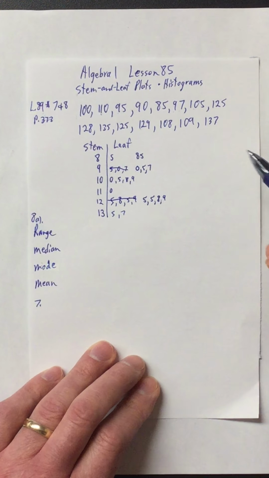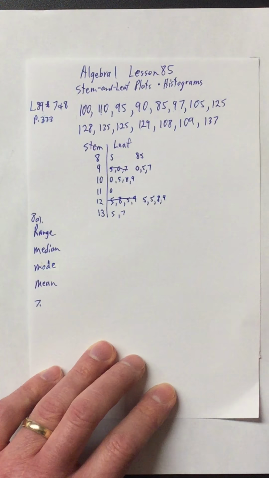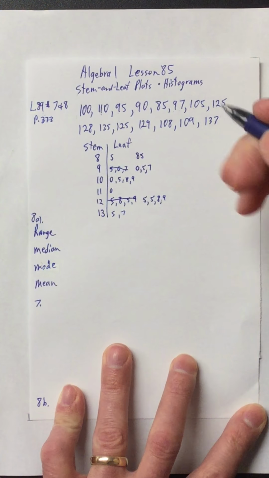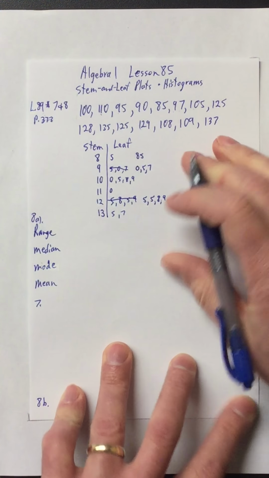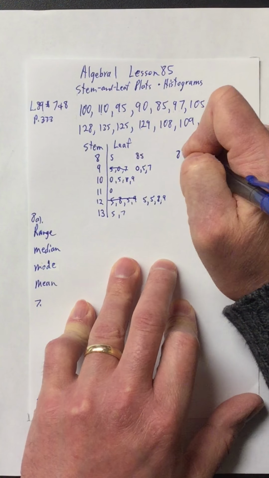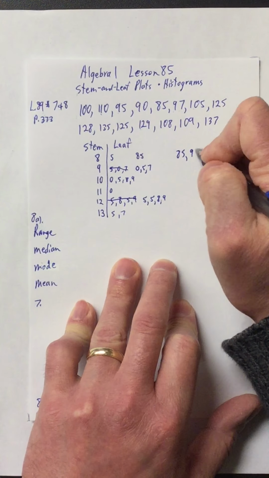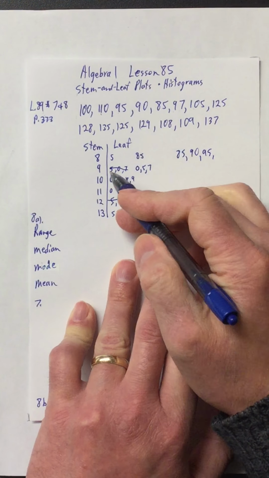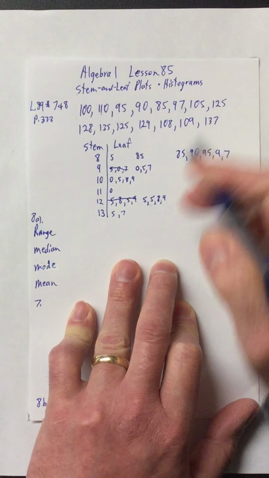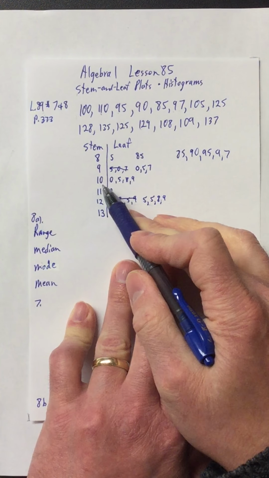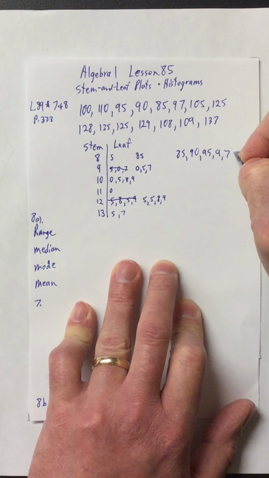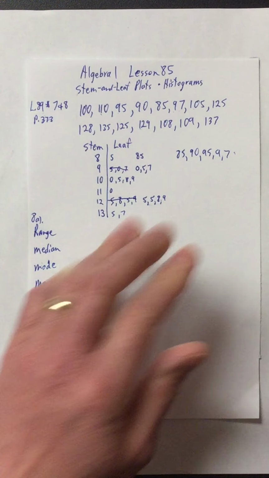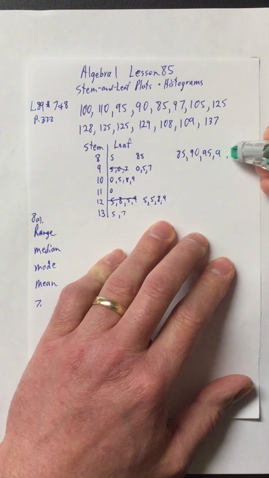All this really does for you is take these 15 numbers and put them into numerical order. Using this, now I can write them out. I have 85, and then 90, 95, just walking down the list. 97. I'll put a comma in there.